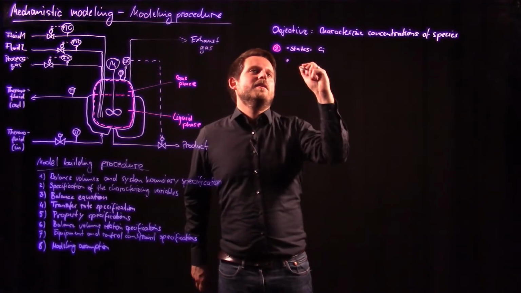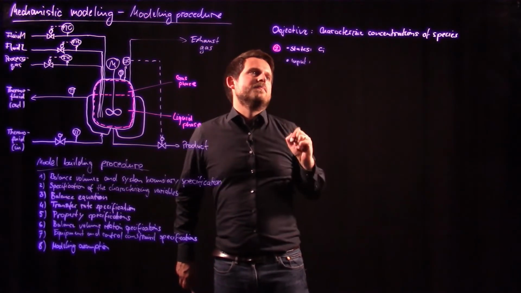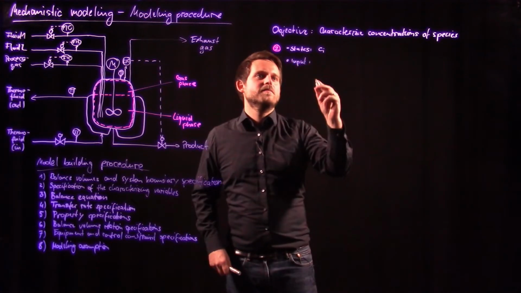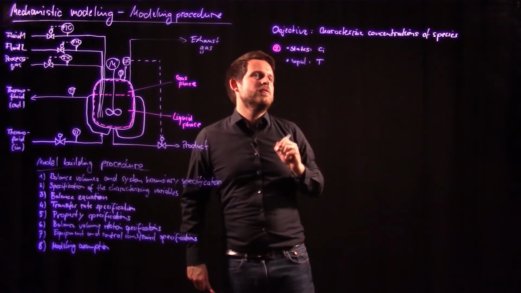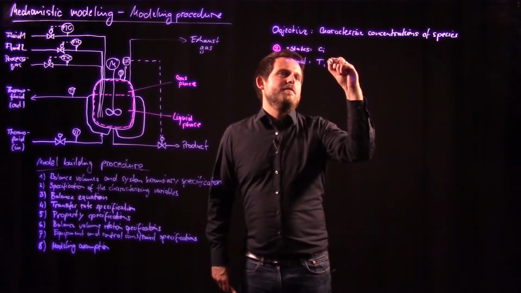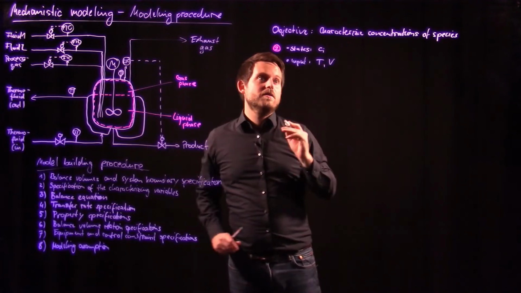Then we have the inputs, which could be the temperature, if we assume it's controlled, and which could be the reaction volume V, which is provided by our level control.